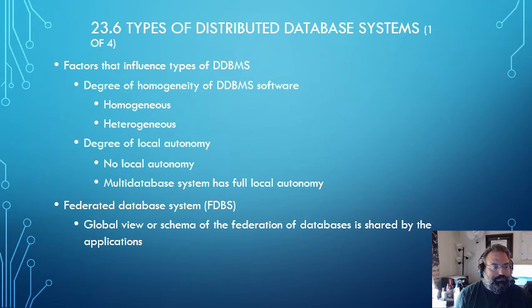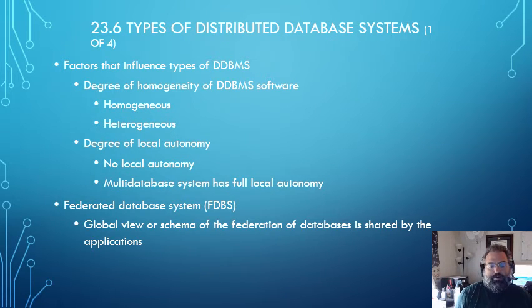Factors that influence the type of distributed database management system include the degree of homogeneity of the database management systems. Your two choices are totally homogeneous, and heterogeneous, where they're made up of different sorts of things. Then there's the degree of local autonomy: either no local autonomy or multiple databases.